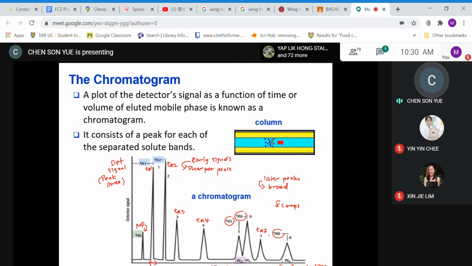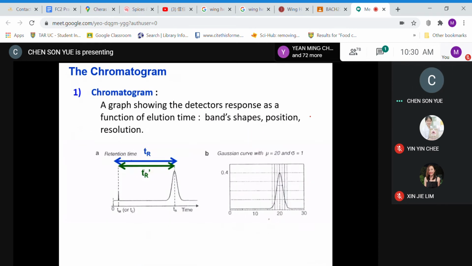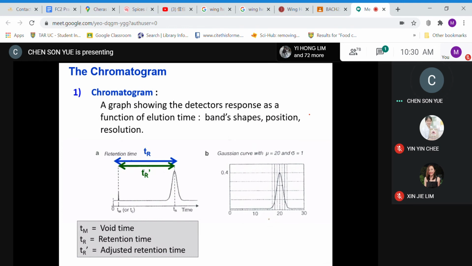Now we move on to the next slide. I think you copied it here, so we move on. And of course, retention time, adjusted retention time. But usually we just use retention time.